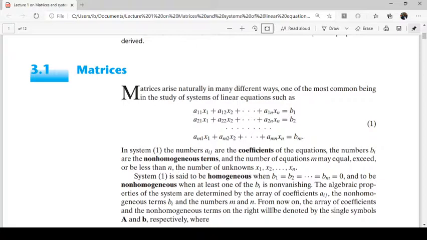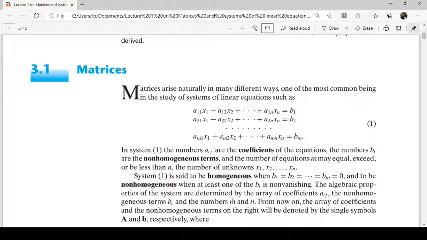We sometimes bring them into matrix form so that we can simplify them and then apply some mathematical methods. Today I will be taking you through an introduction to matrices.